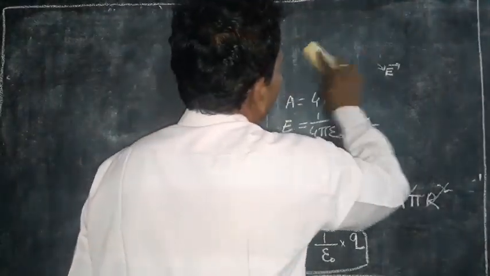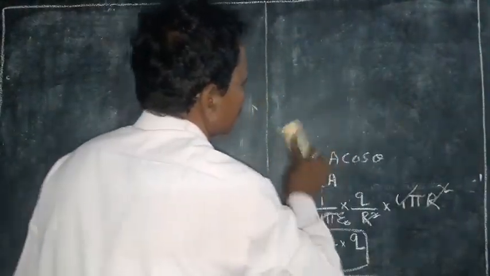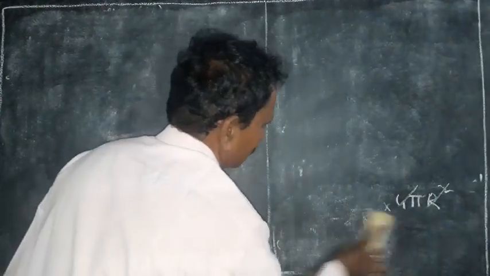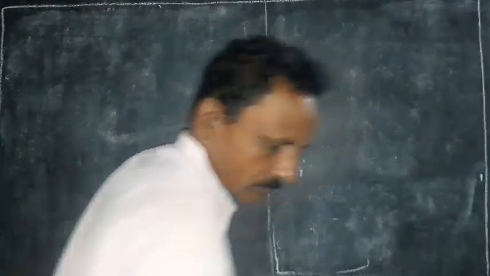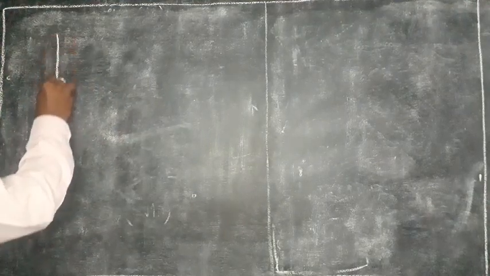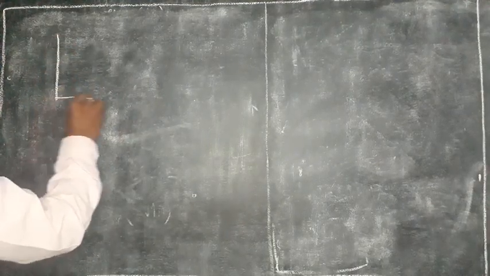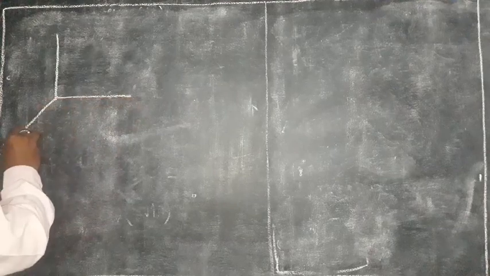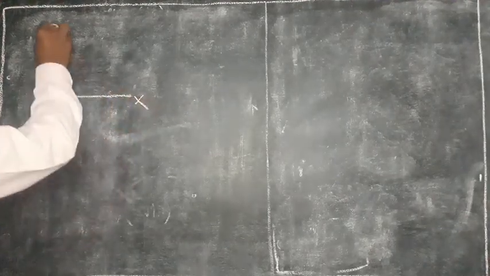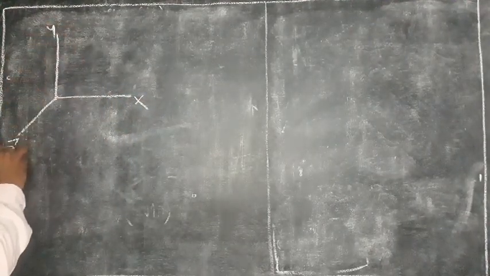Area is a vector. It is x, y and z axis.